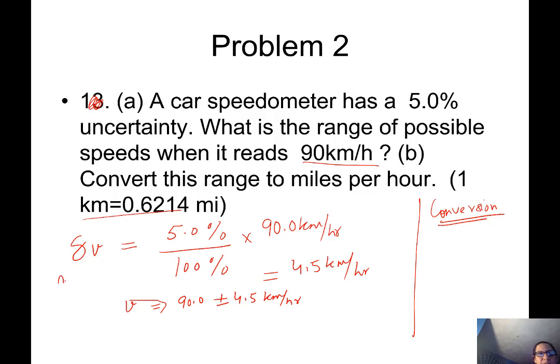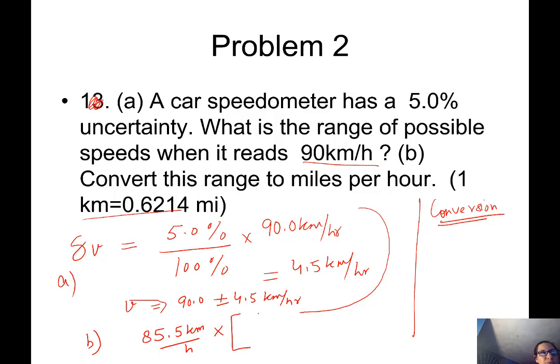And this is part A, and there is a part B as well, which tells us to convert this range to miles per hour. So now a simple problem of uncertainty has been converted into a problem of converting from one set of units to another, which we have not talked about yet, but we are going to do in detail. 85.5 kilometers per hour, and I have to convert it into miles.